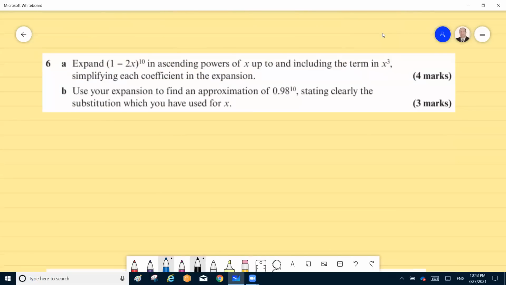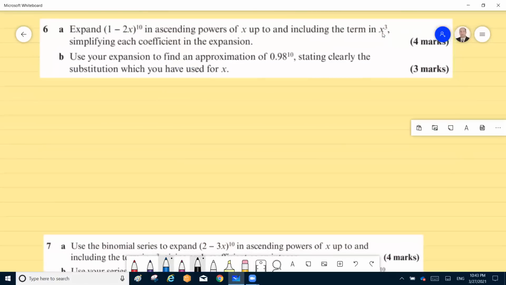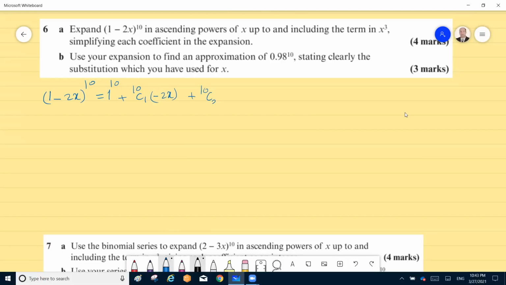Continue now, solving number 6. Expand (1 minus 2x) to the power of 10 in ascending powers of x up to and including the term in x cubed, simplifying each coefficient in that expansion. (1 minus 2x) to the power of 10 is equal to 1 to the power of 10, plus 10C1. Don't write the 1, only write the next term, plus 10C2 times negative 2x squared, plus 10C3 times negative 2x to the power of 3, and so on.